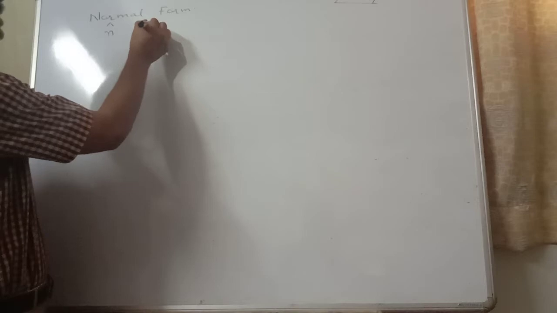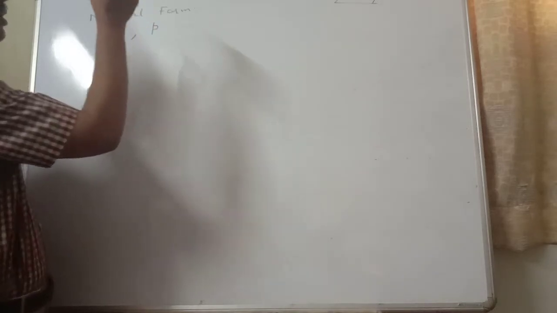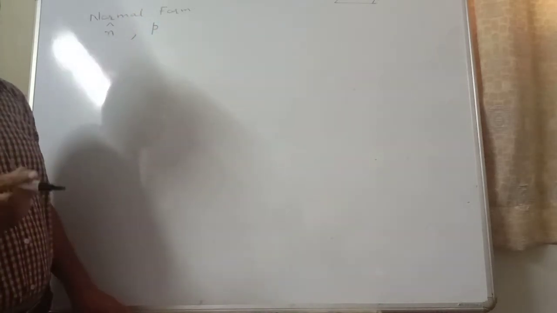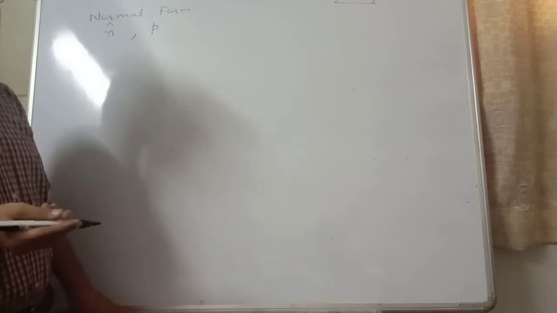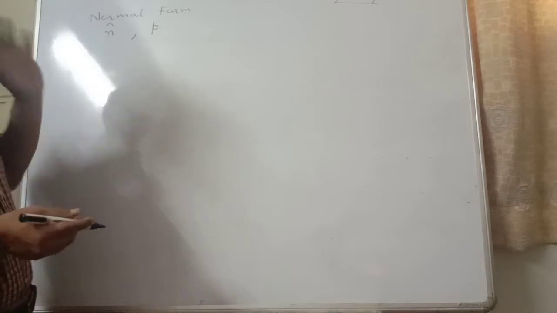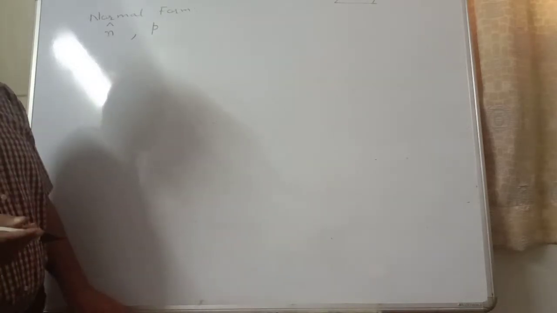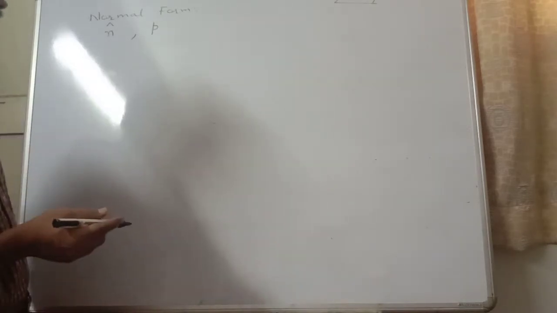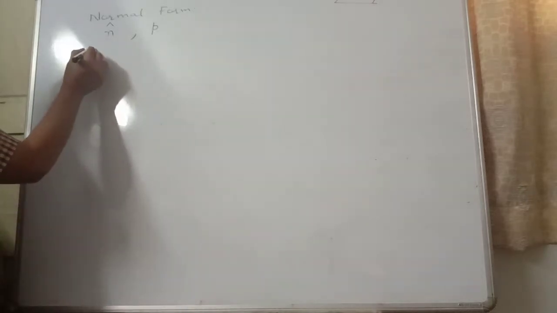Suppose the perpendicular distance of the plane from the origin is p and n cap is the unit vector perpendicular to the plane, then we have to write the equation of the plane in normal form.